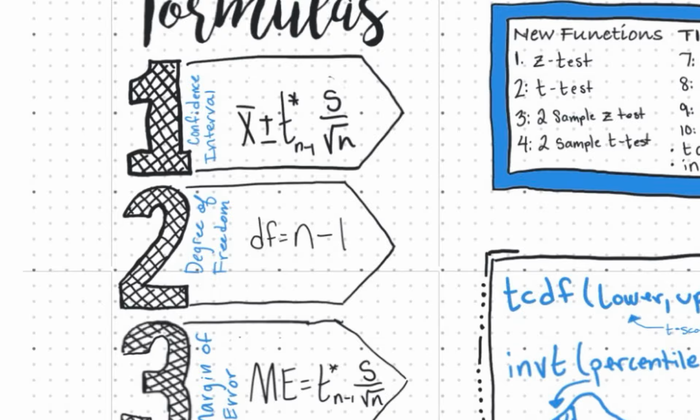T is imperfect. It's got error built into it because I don't know everything about the data set. So it's got extra error built in, and it allows me to make estimations using incomplete data, which is usually how that works with quantitative sets.